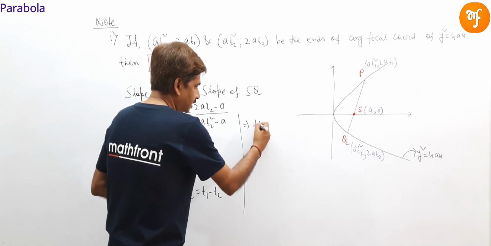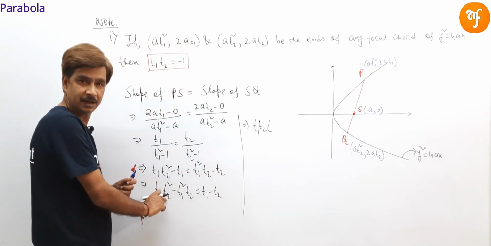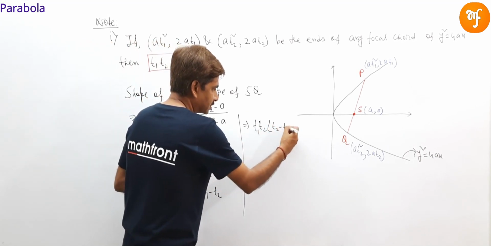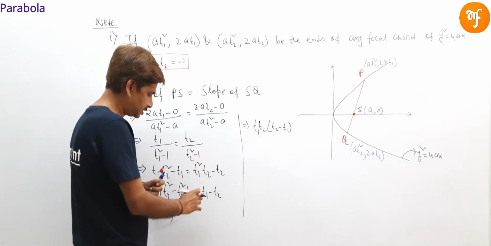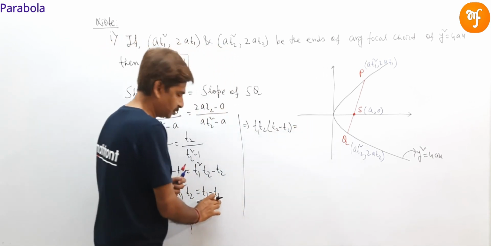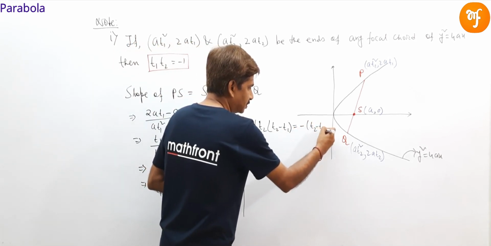Taking common t1·t2 in the left hand side, we get t1·t2(t2 - t1), and the right hand side is t1 - t2. So t1 - t2 in the right hand side can be written as -(t2 - t1).